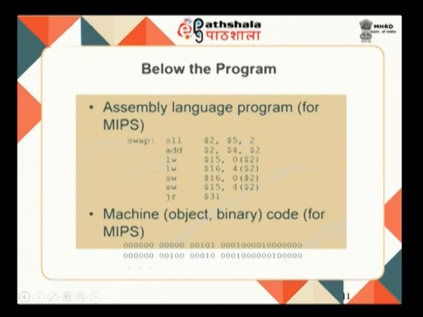So, this is the translation from your high level language to your assembly language and then your binary code. When we look at the features of the instruction set, we will see what goes into these zeros and ones, and how to interpret these zeros and ones as data, instructions or addresses, and so on.